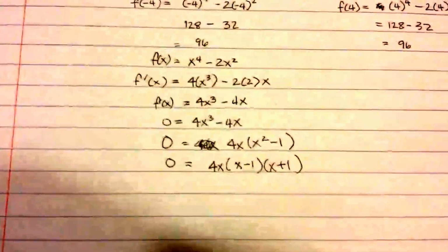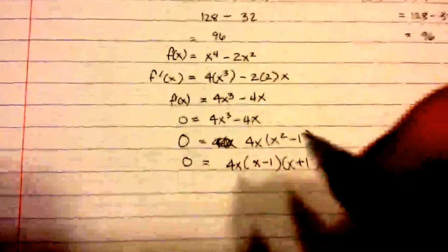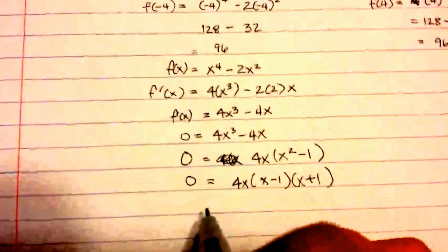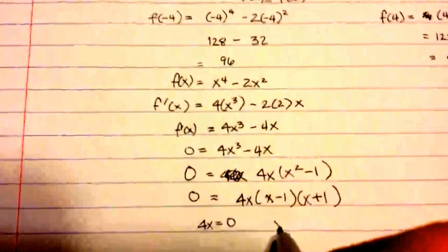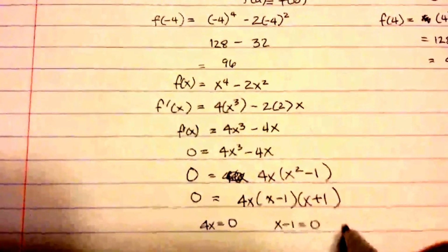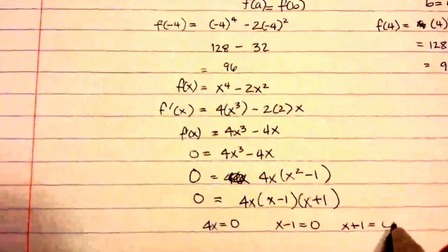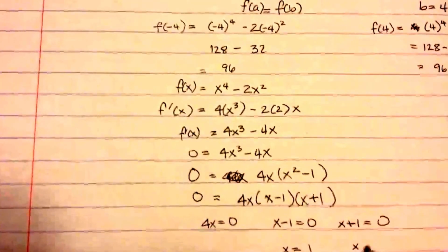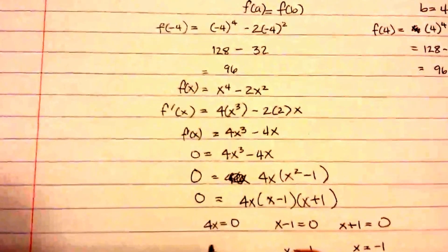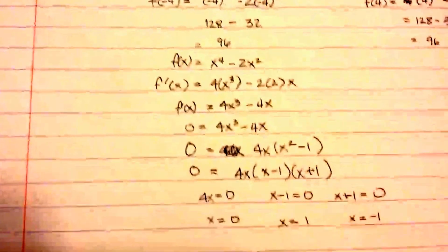Now that we have this, we can solve for x. So we can say 4x equals 0, and then x minus 1 is equal to 0, and x plus 1 is equal to 0. And when we solve for x, we get x equals 1, x equals -1, and x equals 0.